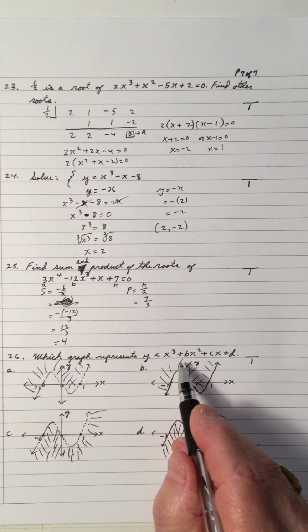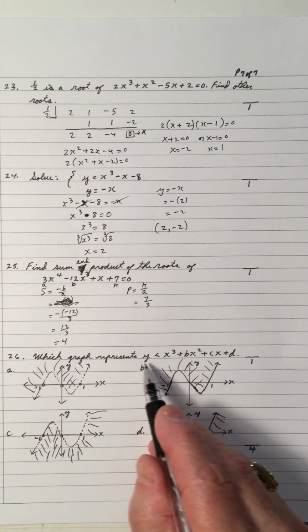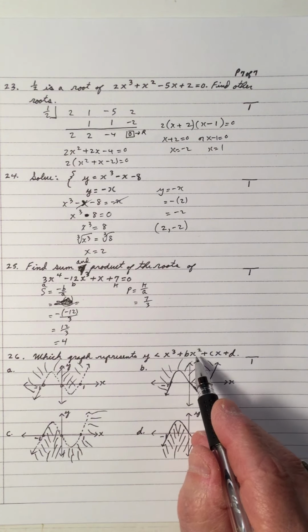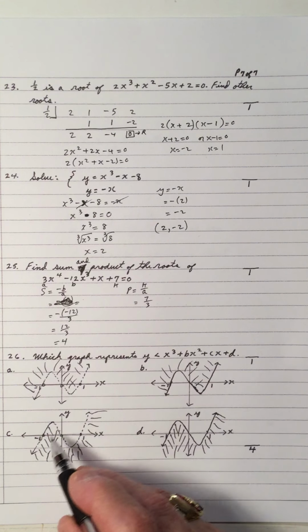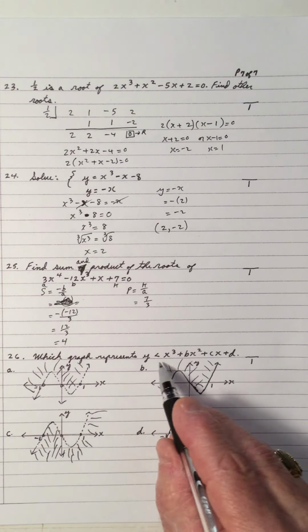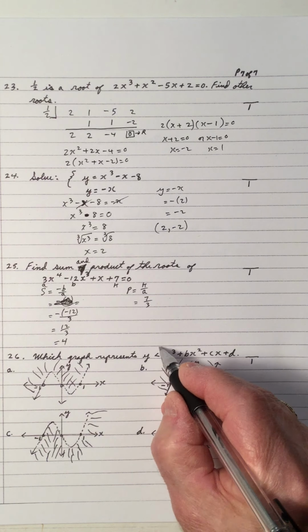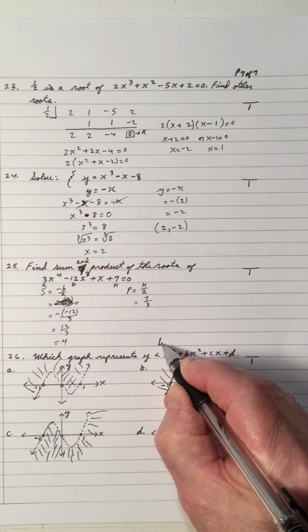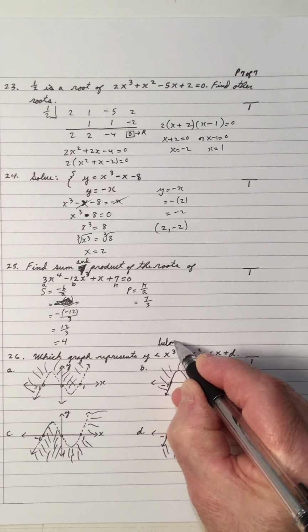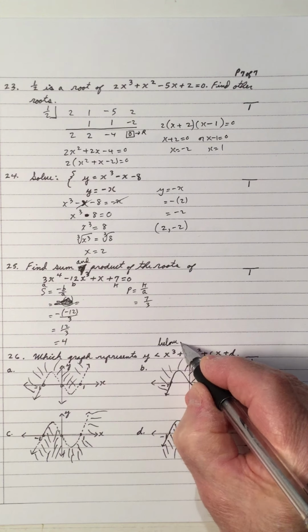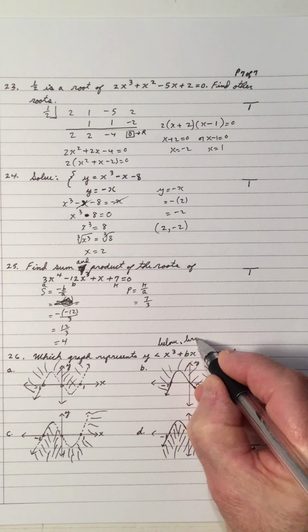Which graph represents this equation? So you say, well, I don't have any, but notice that this is less than, no equal sign. So less than is below, and the boundary is broken, it's not solid.